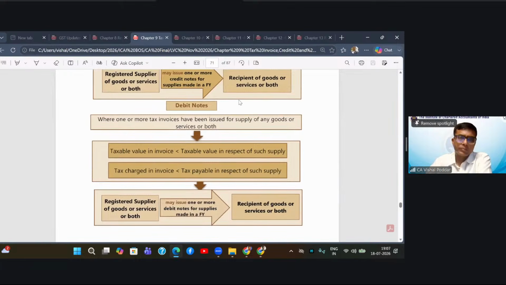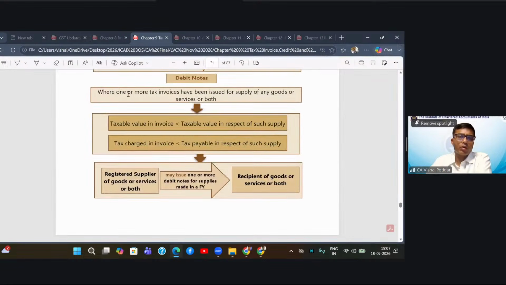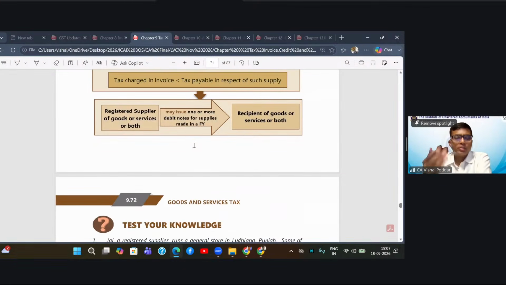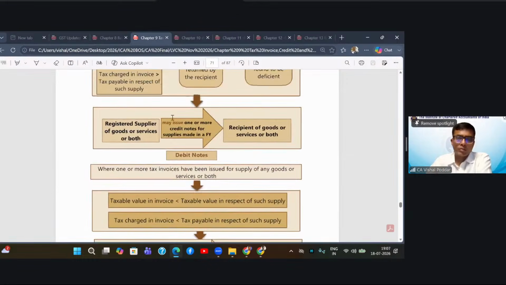Conversely, the concept of debit note is wherever I have already issued an invoice against some supply and later on I find that the value which I have charged in the invoice is less or the tax charged is less. Now to increase the value or increase the tax liability, I will issue a debit note to the recipient. What is very important is that this credit note which I have to issue has a time limit.